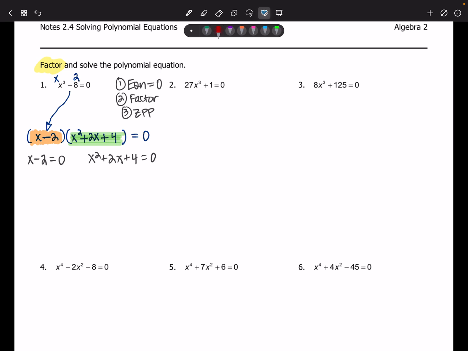Now, something to note is that when you factor the sum or difference of cubes, the trinomial always produces complex solutions. So that gives, I'm going to say, imaginary solutions.